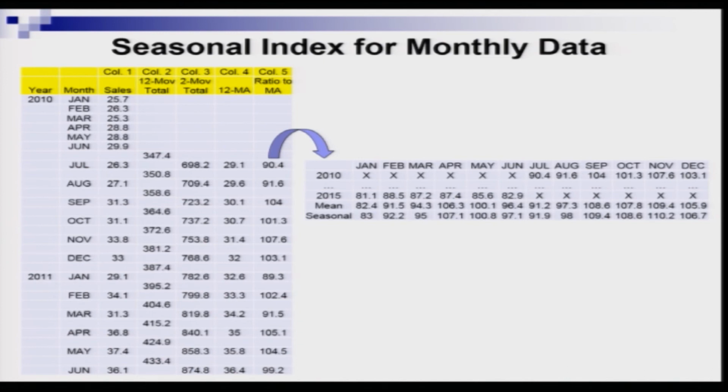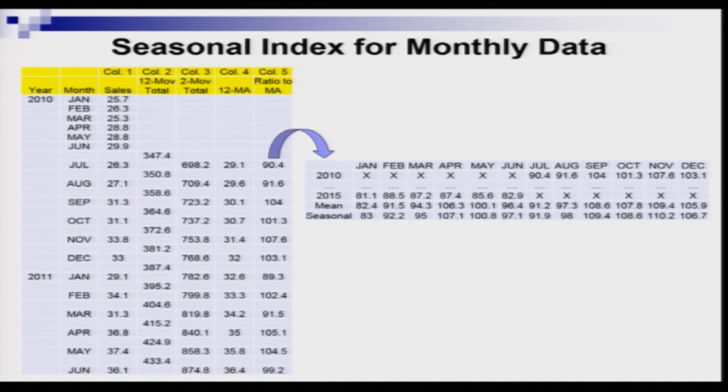So the mapping between the calculated number and the original time point is restored. Then you calculate the 12-point moving average, given under column 4. So from 698.2 you calculate the moving average value 29.1.